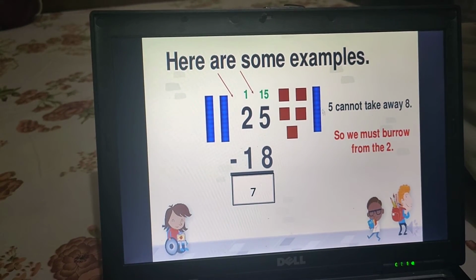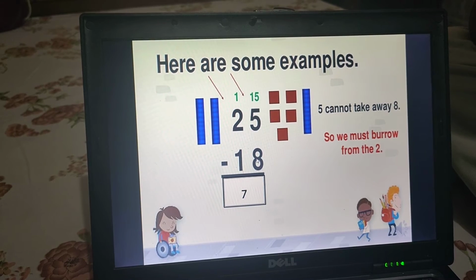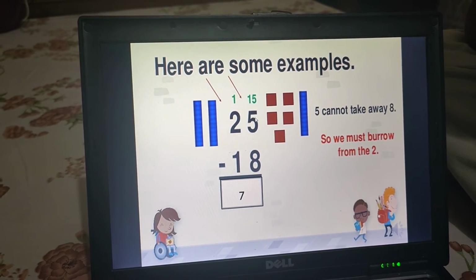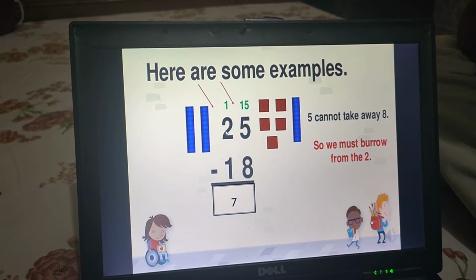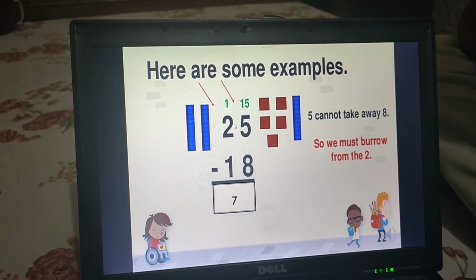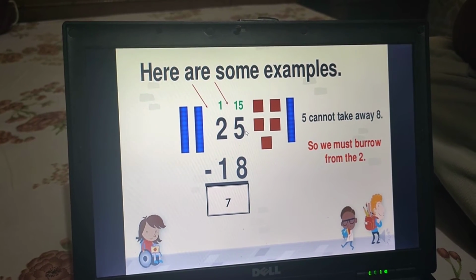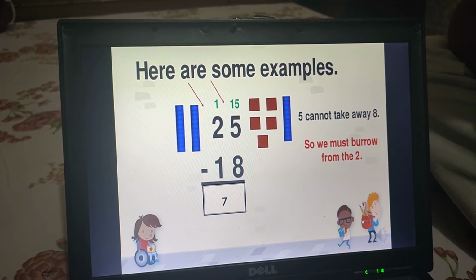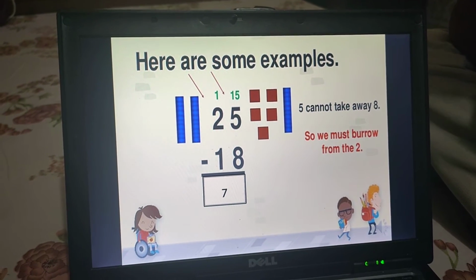First we will subtract 8 from 5, which is not possible because 8 is more than 5. So what we will do? We will borrow 10 from 2. So this will become 15. And now 15 minus 8 is easy. So 15 minus 8 is 7.